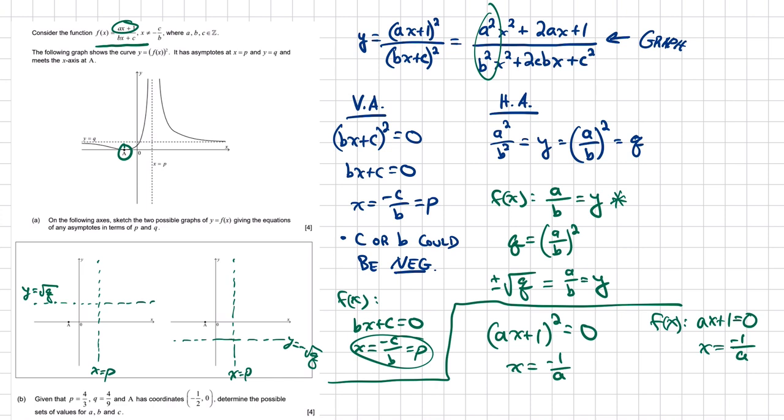So with that in mind, both of these graphs that I have here on the left of my screen need to intersect the x-axis here at point A. I know that I'm either going to have a graph for both of these that looks like this, or I'm going to have a graph that looks like this.